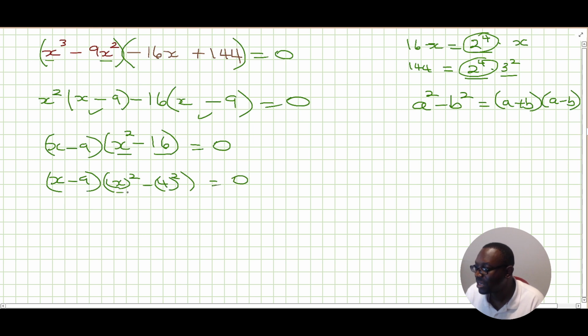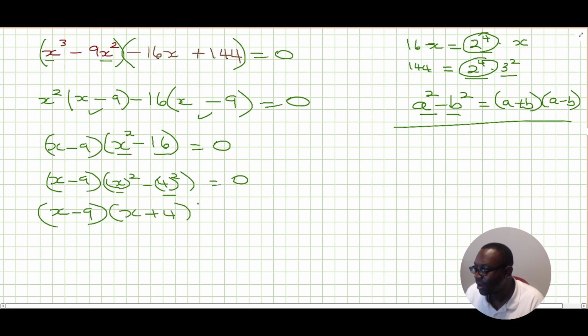So now that you can see it written in this form, you can easily apply this formula to it. So you have x minus 9, and then you have x plus 4, x minus 4 equal to 0. And now you can find all your factors.